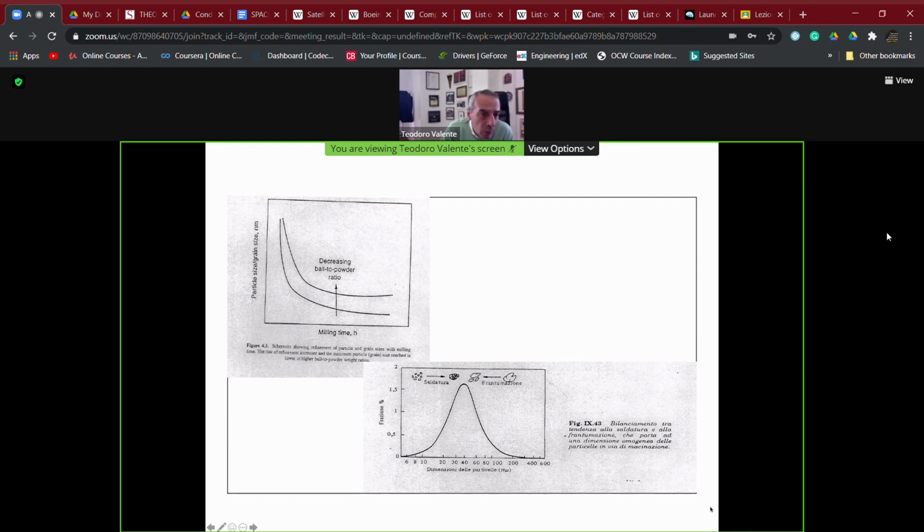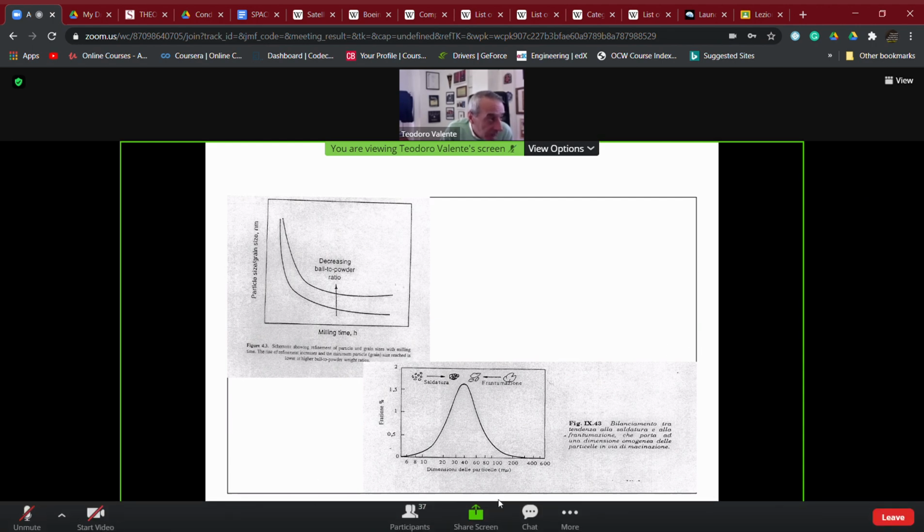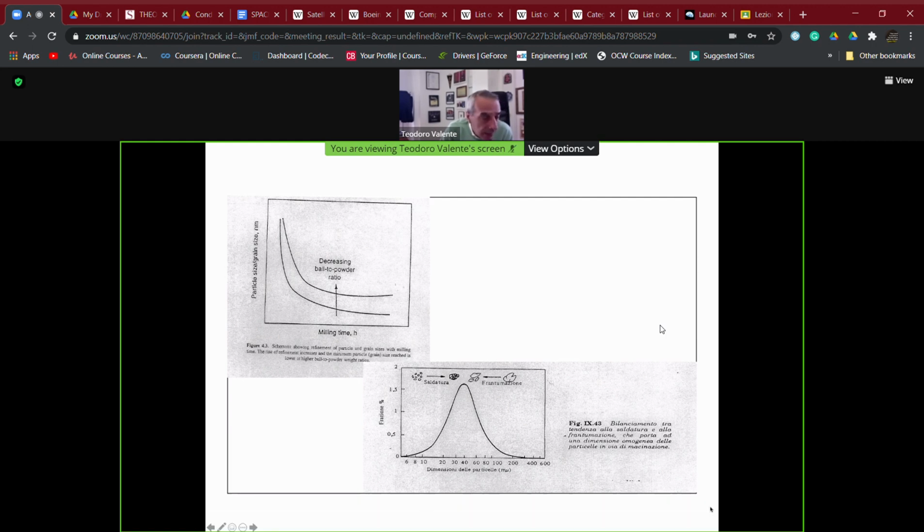So if our aim is to get a final predefined distribution, we need to understand if the milling we have in front of us is able to get that final granulometry of the powders, because it is not true that if we increase the milling time indefinitely, we are always able to get particles of decreasing dimension.